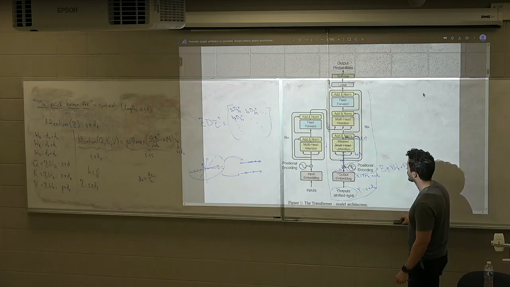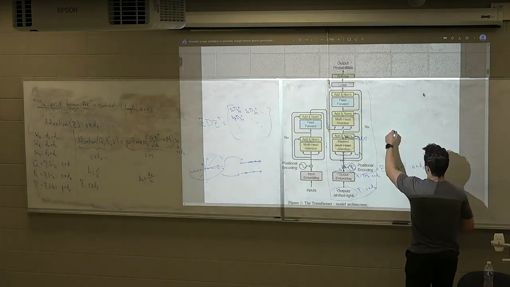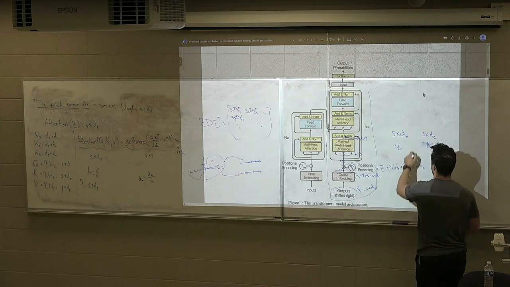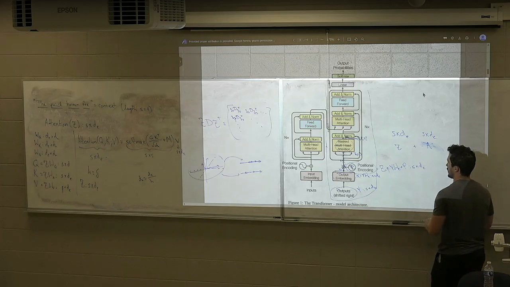I forget how you add norm. I think it is a layer norm. Because you're taking two S by DE matrices, which is Z and the attention, I'll just call it A. And you add them, and then you've got to normalize them now.